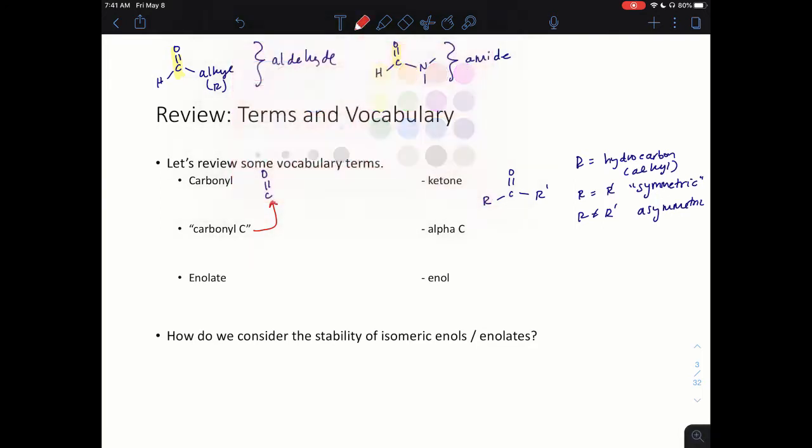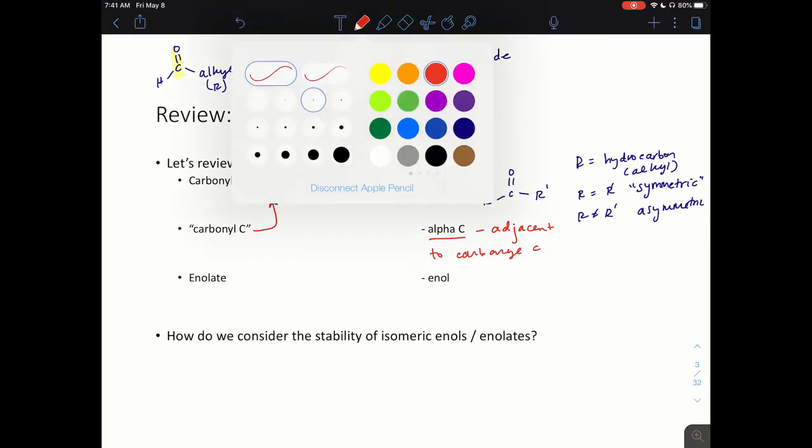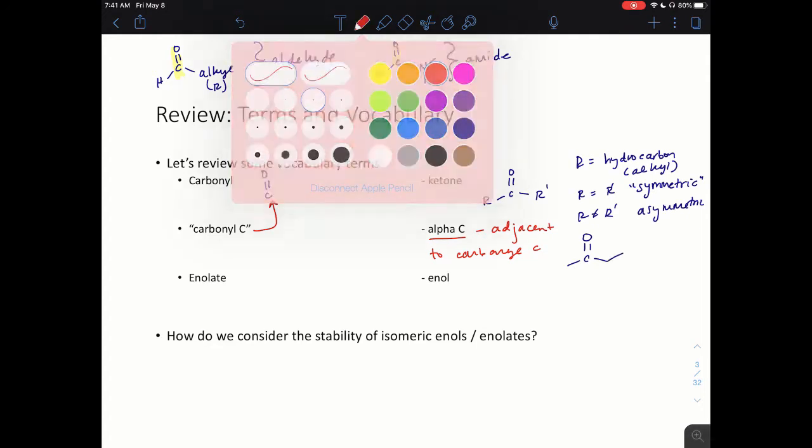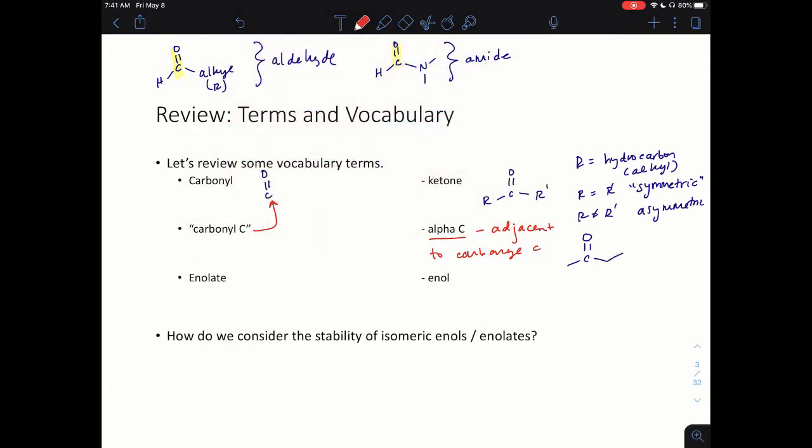The alpha carbon is adjacent to the carbonyl carbon. For example, if we had this asymmetric ketone, it has two different R groups, so you have two different alpha carbons.